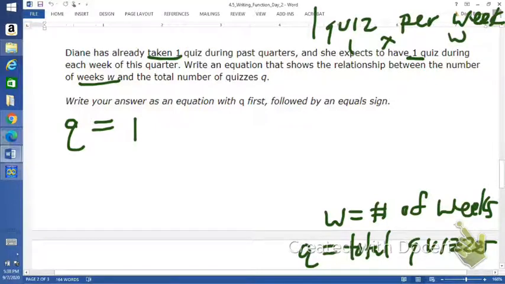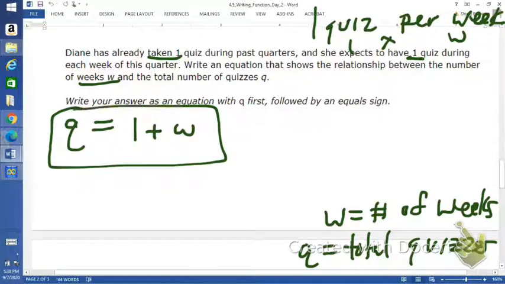Our variable W represents week. So 1 times W is just W. So she's already had 1, and then she's going to add 1 per week, or 1W. But instead of writing 1W, let's just write W. Get rid of the 1. Alright, and there's your equation.